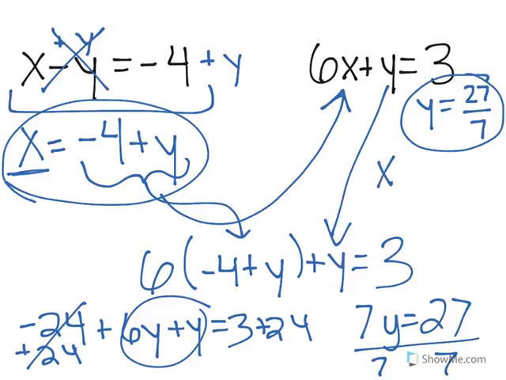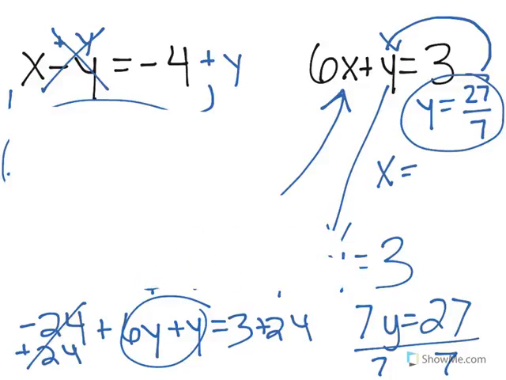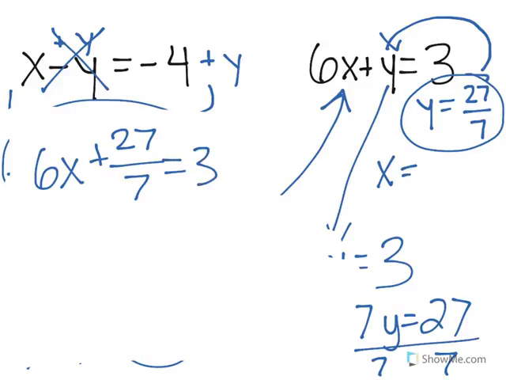We still need to find the x. So how do we find the x? We find the x by plugging in, or substituting, 27 over 7 for y. So now let's erase some of this just to get some space. Now we have 6x plus 27 over 7 equals 3.